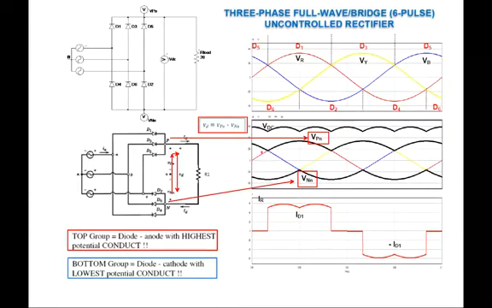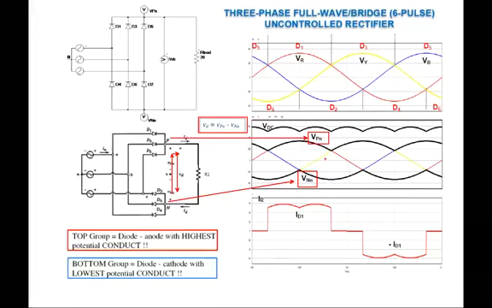Which means in one main cycle you have 6 pulses of the output voltage. One main cycle is 360 degrees. If you divide by 6, each pulse here will have 60 degree duration. 60 times 6 pulses will be equal to 360 degrees.